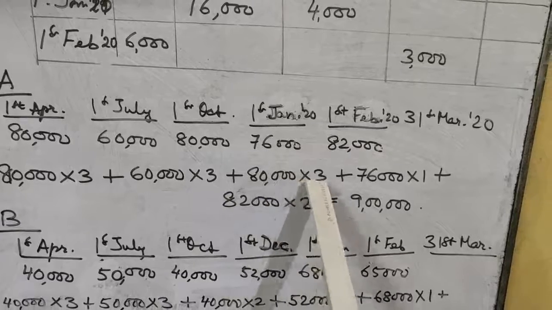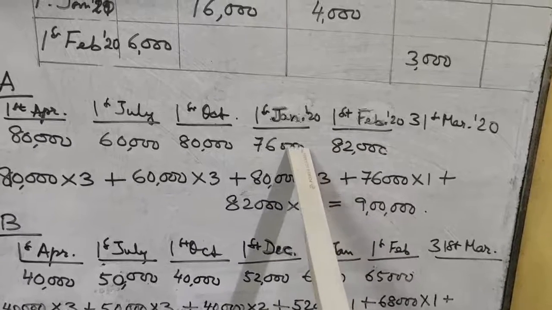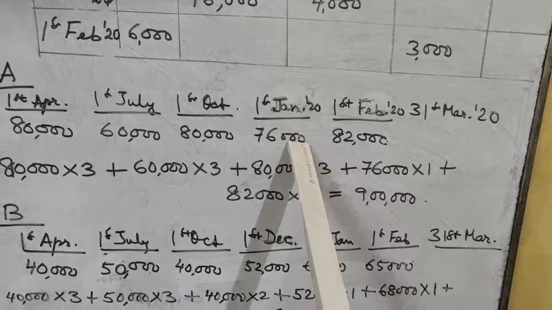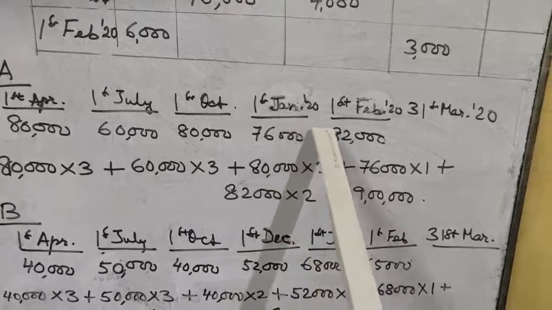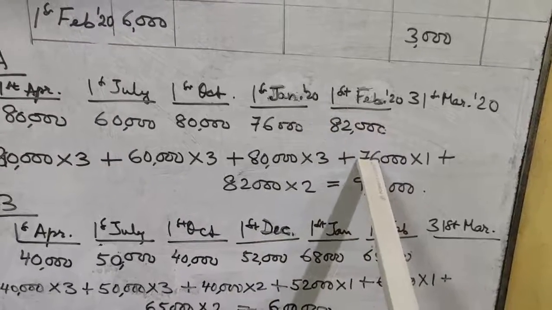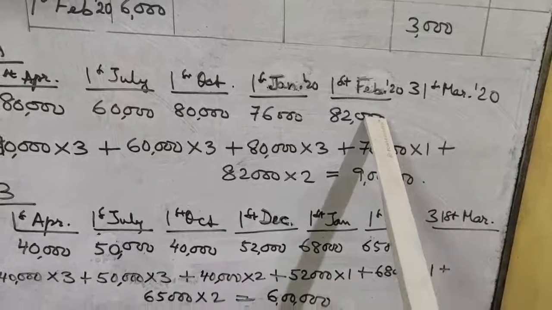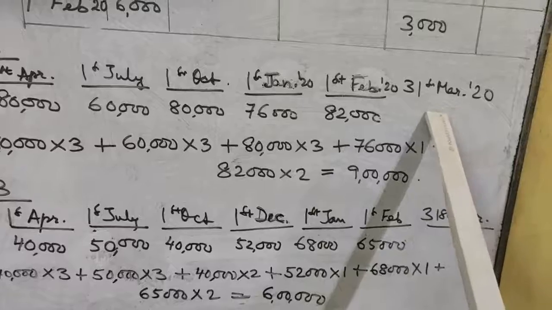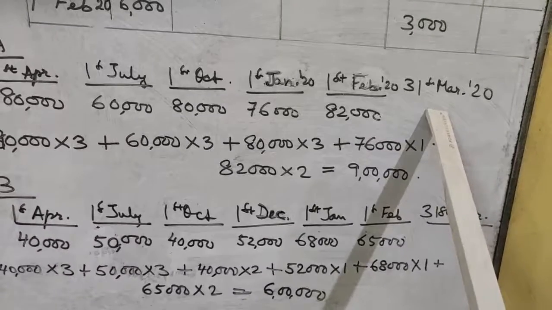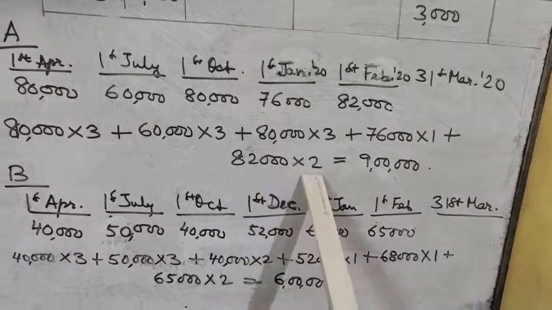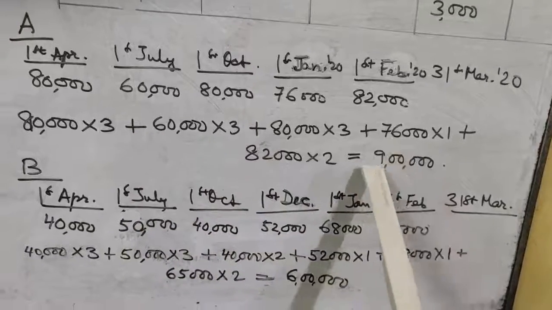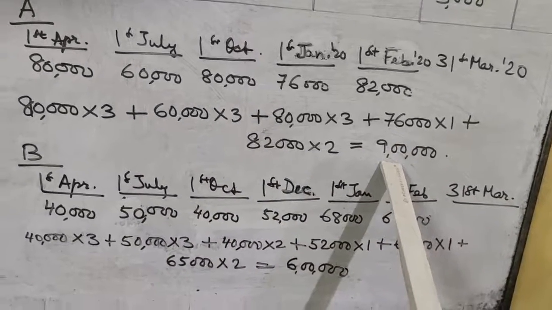So 80,000 into 3. Then 76,000 for 1 month, from 1st January to 1st February. So 76,000 into 1. And then 82,000 for 2 months, from 1st February to the last day of the accounting year, 31st March. So 82,000 into 2. If you add up all of them, it comes to rupees 9 lakh.